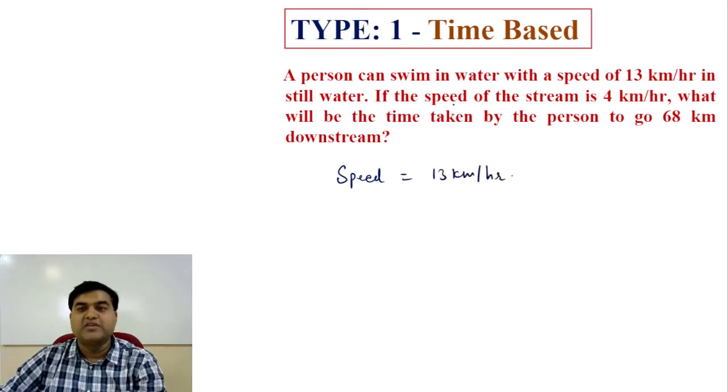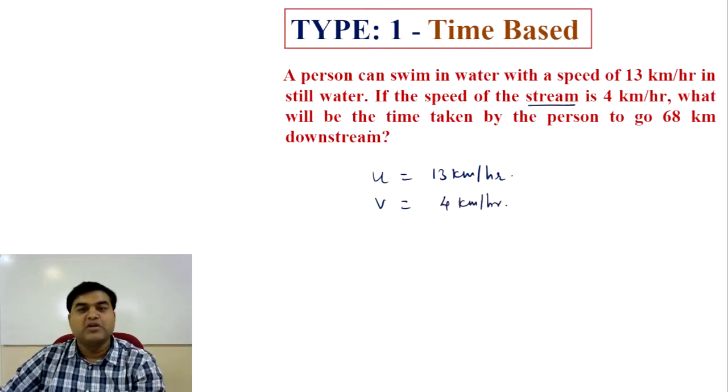In case of the boat, boat speed was u, so can we consider this as u? And what is v? V is the speed of stream, which is given as 4 km per hour, right?